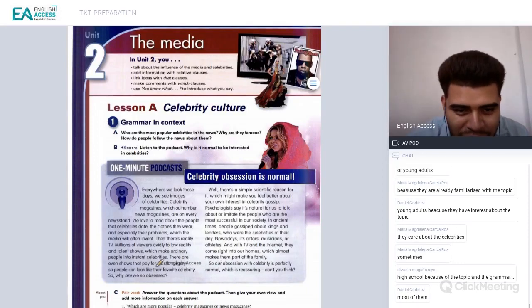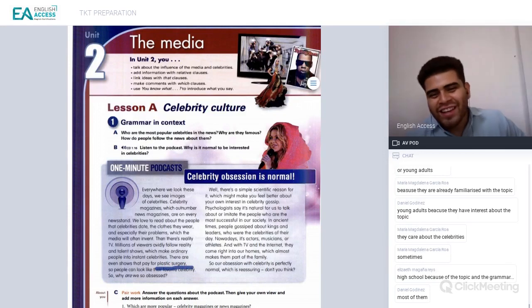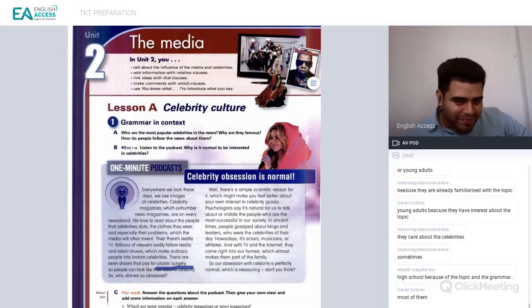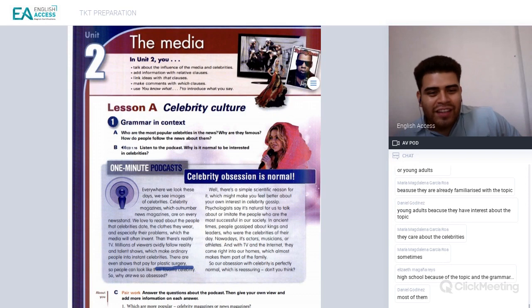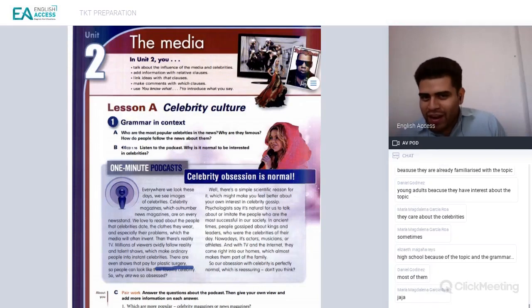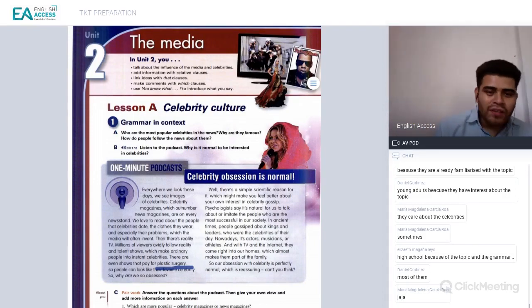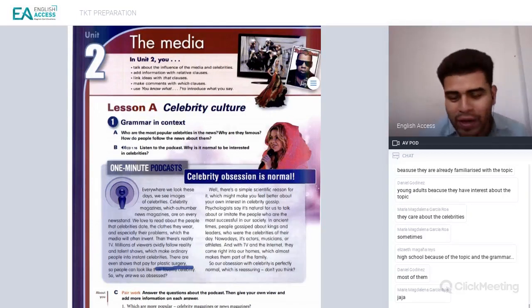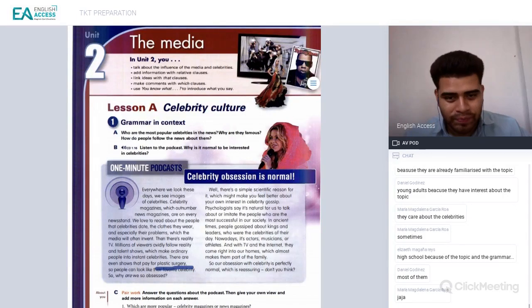Yeah, I don't think it would be for children because if you look over here, it says plastic surgery. Here they're talking about how our obsession with celebrities is crazy. Sometimes our obsession is so extreme that we want to look like them, and we go and get plastic surgery.